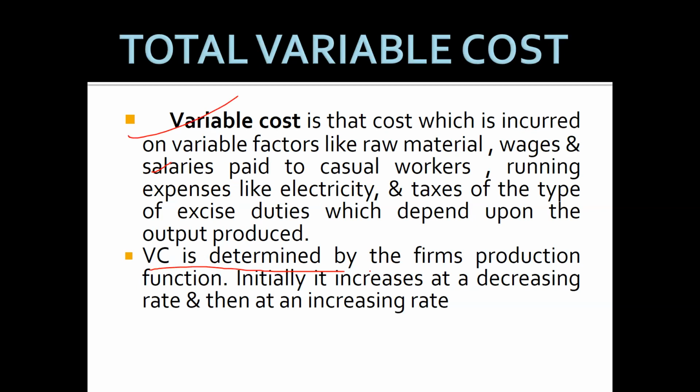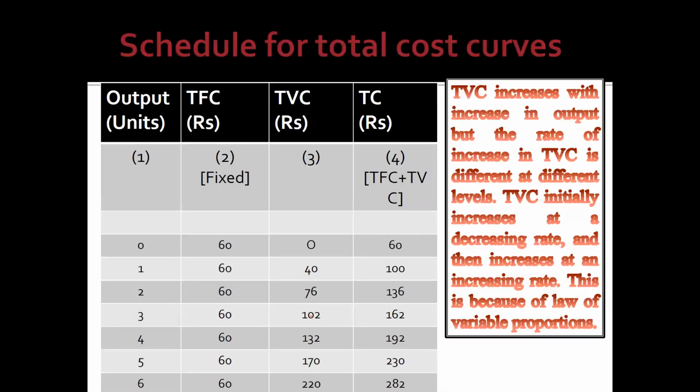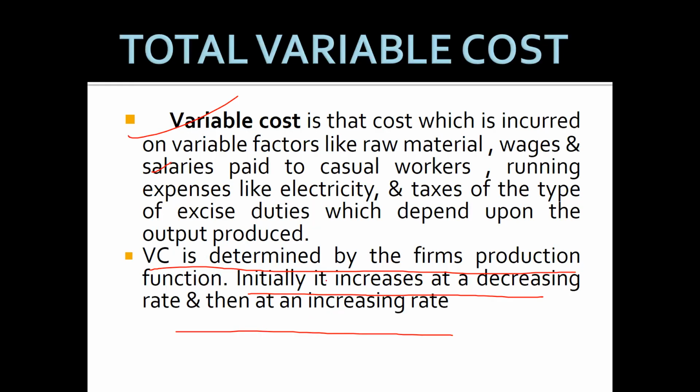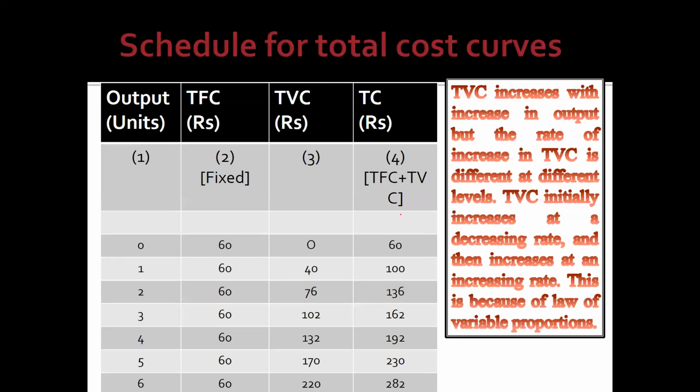And variable cost is determined by the firm's production function. Initially it increases at a decreasing rate and then at an increasing rate. We will understand these terms with the help of this table.